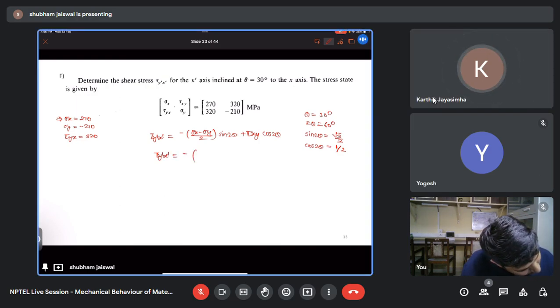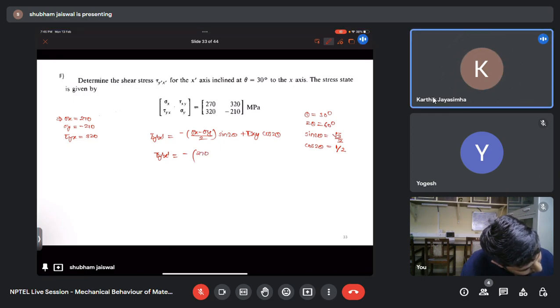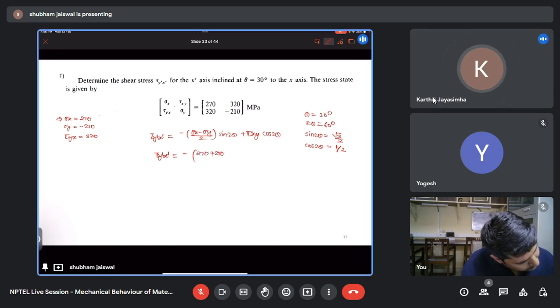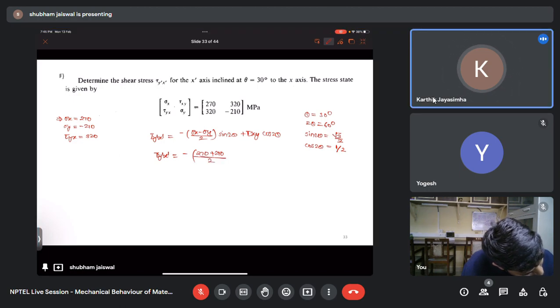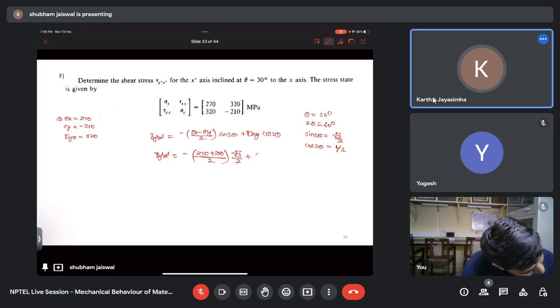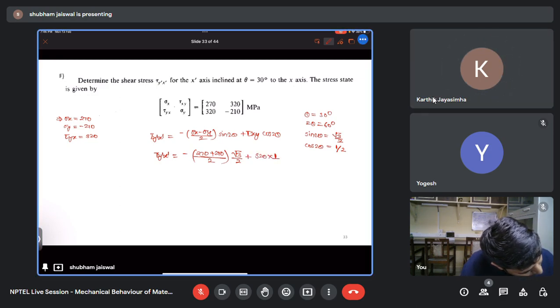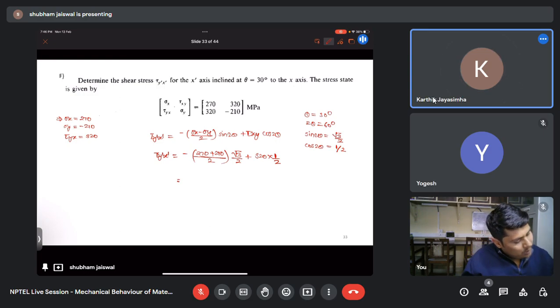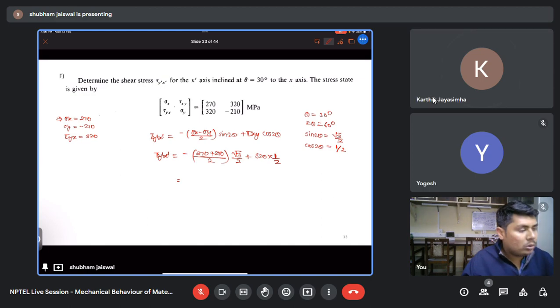Minus sigma x minus sigma y is 270 plus 210, 480 by 2 means 240, by 2 is 120.